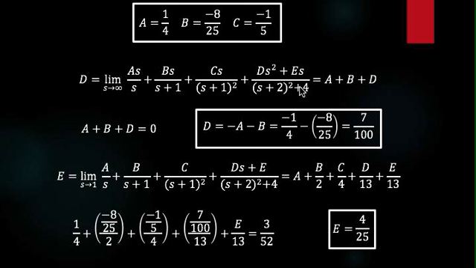When we divide by the highest coefficients that have s, we obtain a plus b plus c plus d, because we have d over 1 in this part.